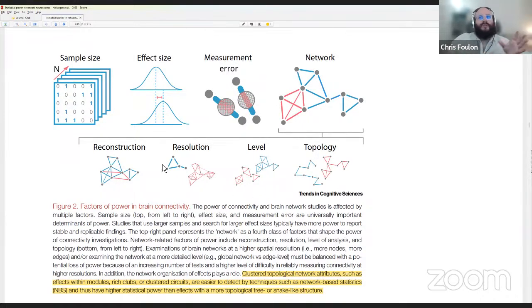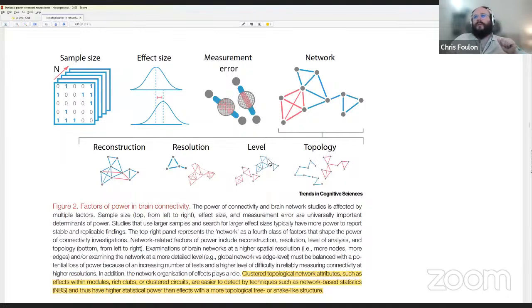And then there is the resolution. The resolution is, for example, when we choose an atlas to determine which are the regions that are part of the network. This can also be kind of arbitrary because the size of the regions might be different. So we can have an atlas of a few regions, or an atlas with 200 regions, that will completely change your statistical power, of course.